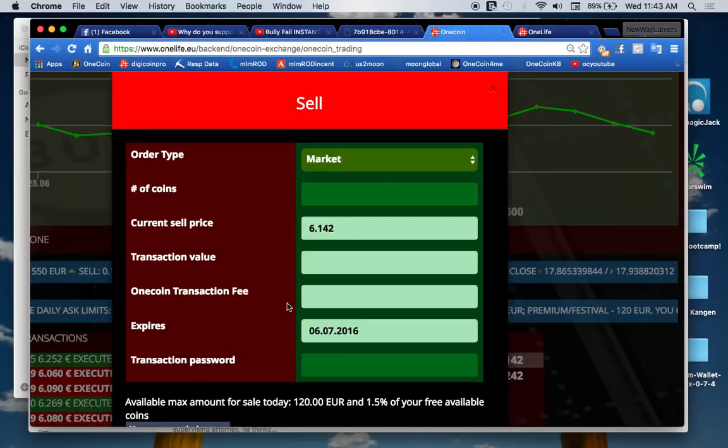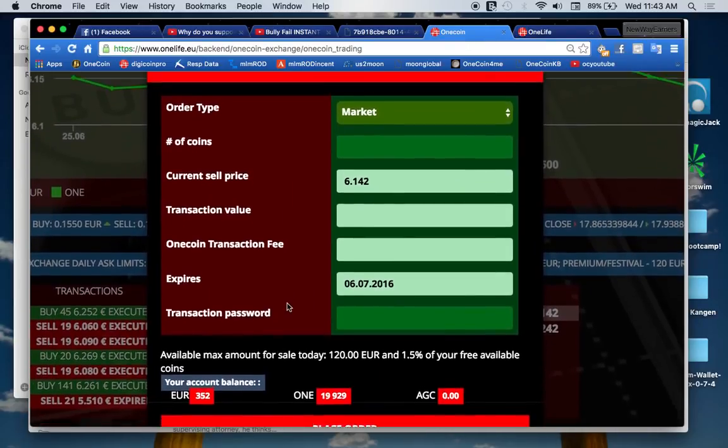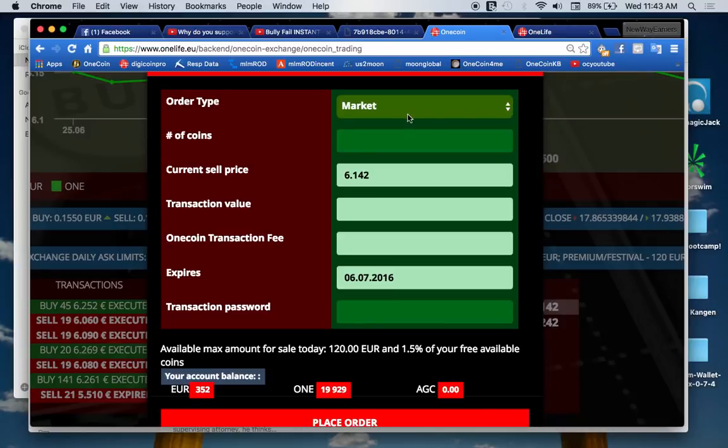But going back to the selling, if you see here, with a market order, there's a less likely chance that your order is going to be filled. The reason is because everybody's out there doing market orders, but a lot of people are starting to understand that limit orders are more likely to be filled because you can lower the price, right?